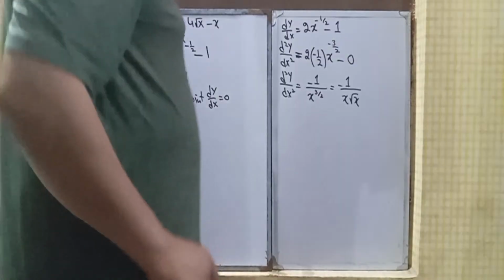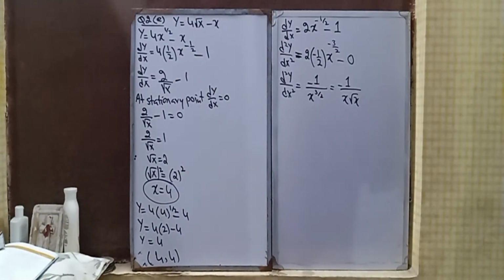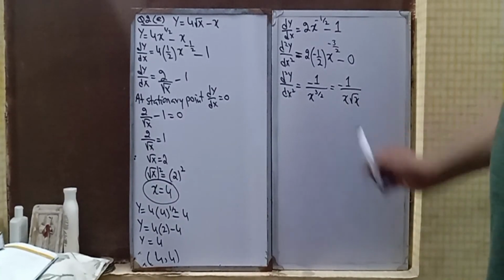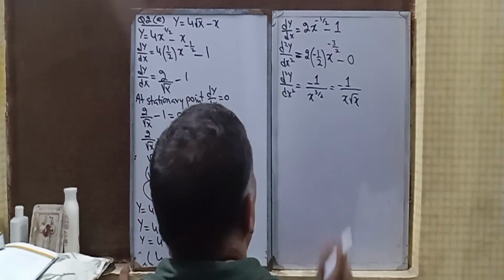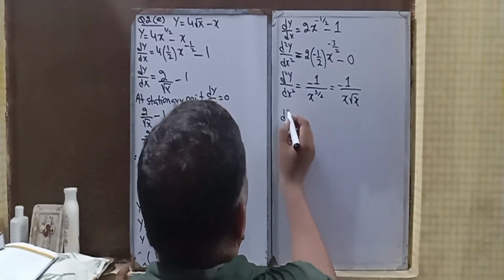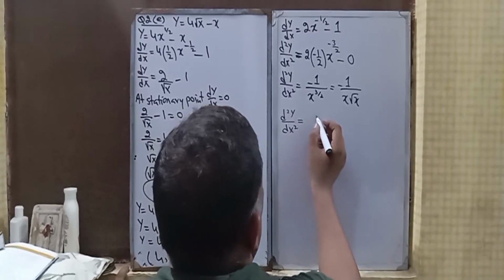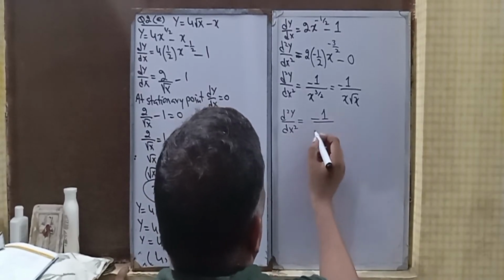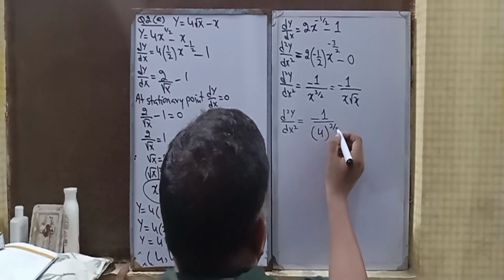Okay, now we have the coordinates of the stationary point. The stationary point is 4, 4. So now in the place of x, I will put 4 here and I will see what the answer is. So my d square y by the dx square will be equals to minus 1 divided by the 4 raised to power 3 by 2.